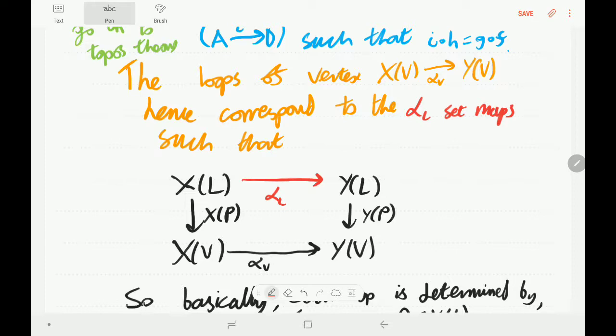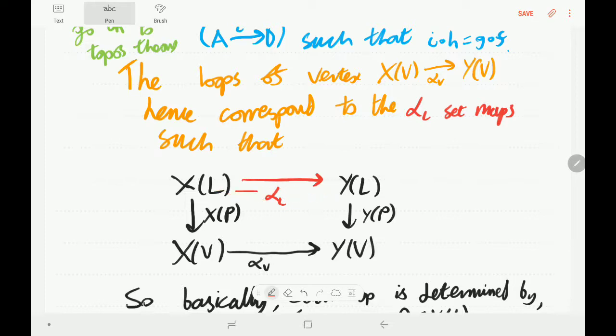And so what you then have to do is, whenever you have a vertex with some loops going to another vertex with some loops, according to this alpha v here, you then just have to figure out a way to assign the loops of the source vertex to the loops of the target vertex.